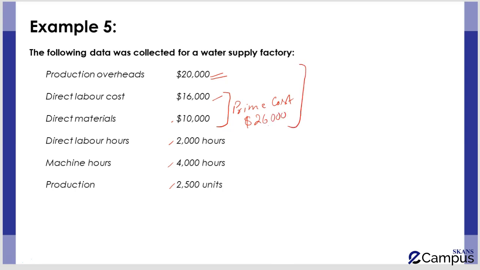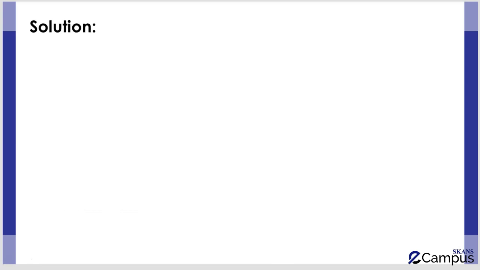And production cost is the sum of prime cost and production overhead. So our production cost would be $46,000, which is the sum of production overhead and the prime cost. Now let's move on to the solution.